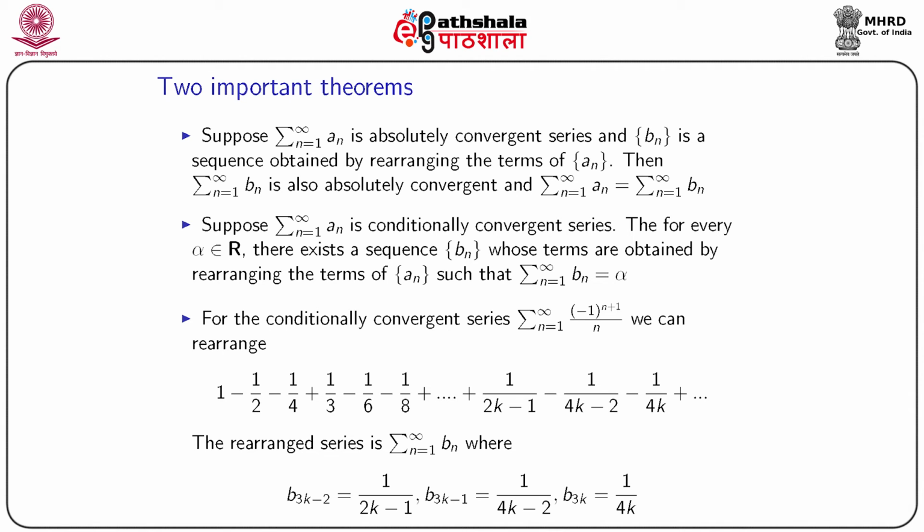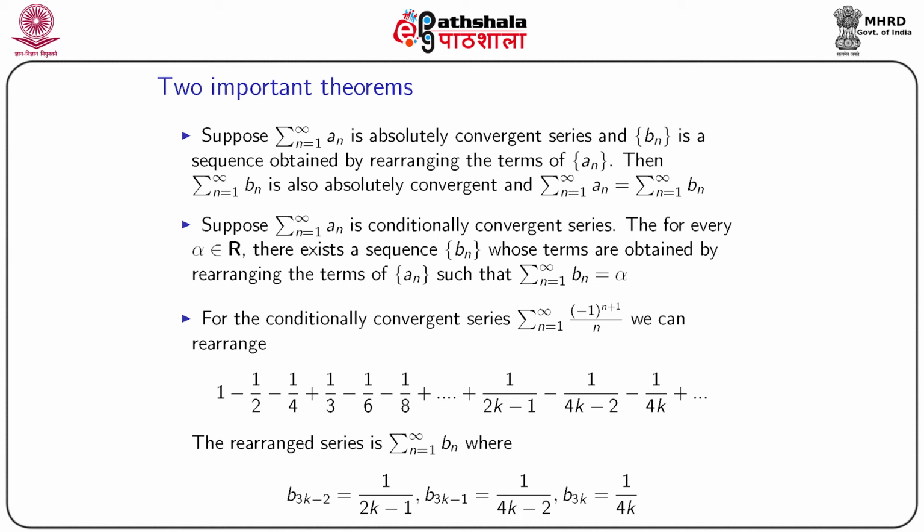Suppose sum over a_n from 1 to infinity is an absolutely convergent series and b_n is a sequence obtained by rearranging the terms of the sequence a_n. So a_n is my previous sequence and we are making a new sequence by rearranging the terms.